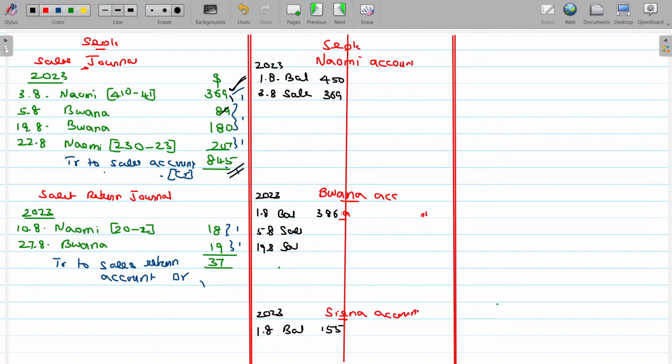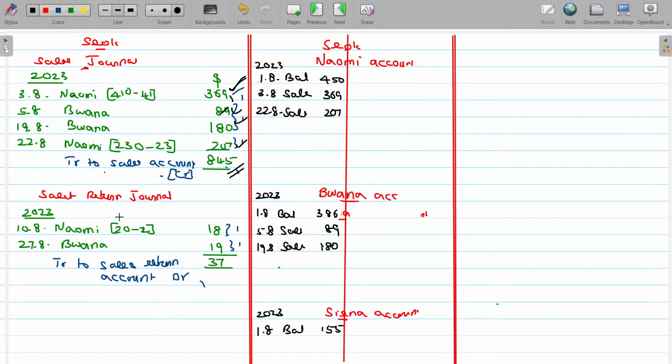Sales, the value being 89 and 180. And Naomi account, there is one more sale on 22nd August, the value being 207. No transaction with Sienna in this year.